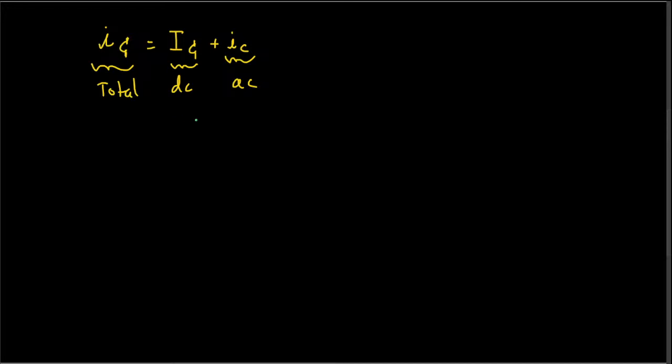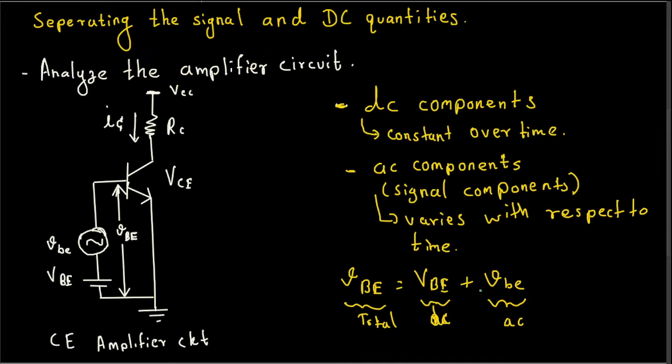Okay. And here we can separate the DC component and AC component by removing one of them. If I'm interested in finding the DC quantities, what I have to do is remove this AC component, so all the other things will become DC components.